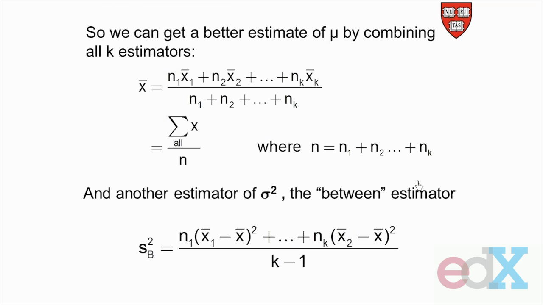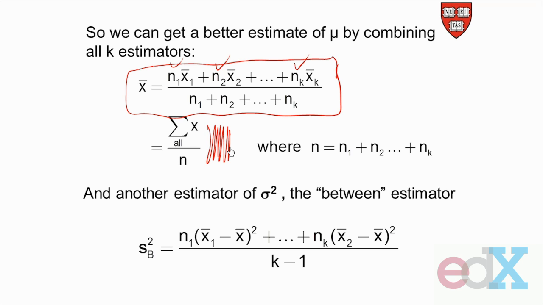So what we can do is, first of all, get an overall estimate of the mean, because they're all estimating the same mean. Once again, I want to do something that's weighted because I want to give more weight to the larger samples. But that's the same as just ignoring what sample they belong to, and just taking all the x's, summing them all up, and then dividing by n, where n is the total sample size. Okay, so now I've got that.